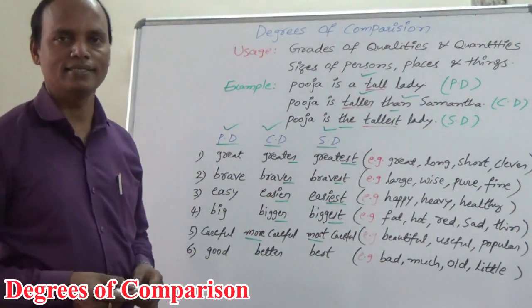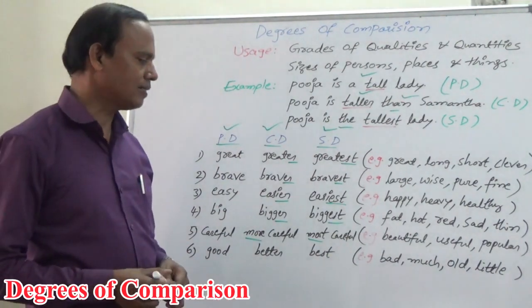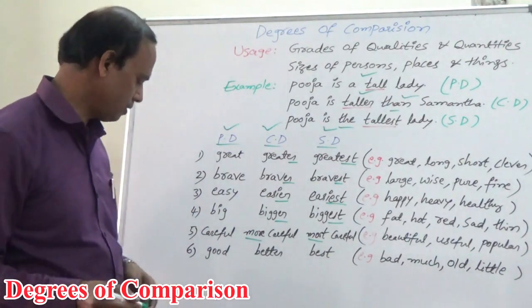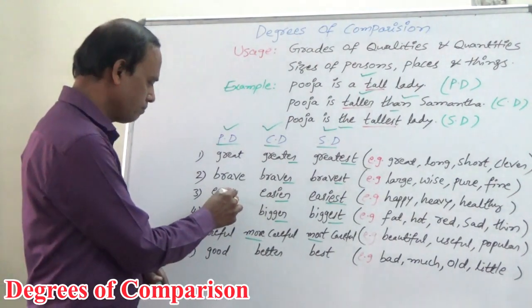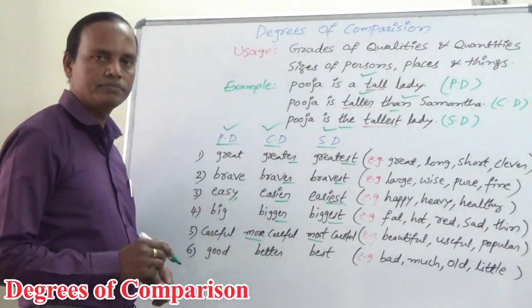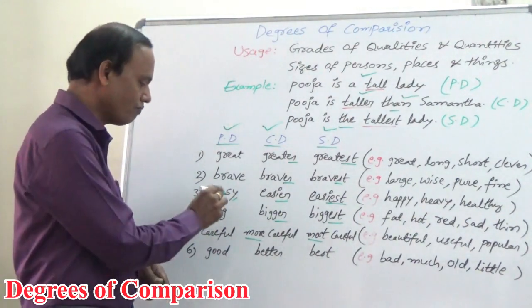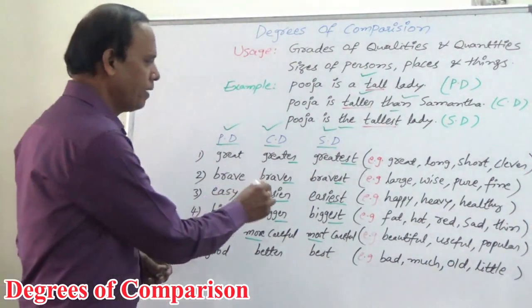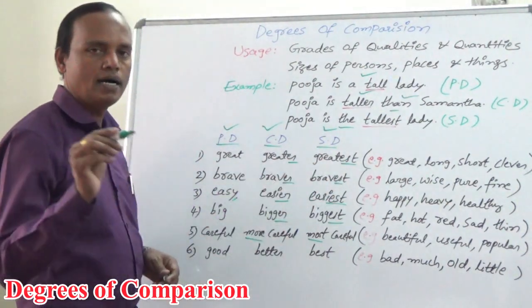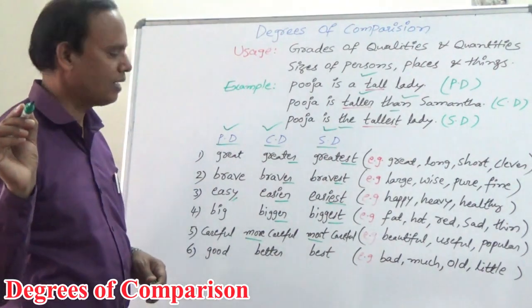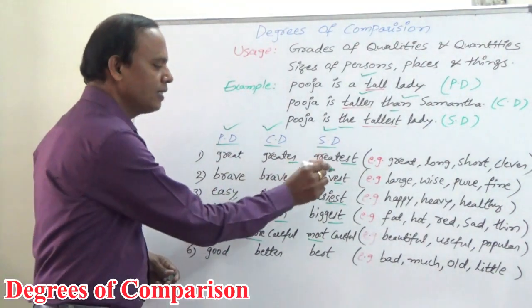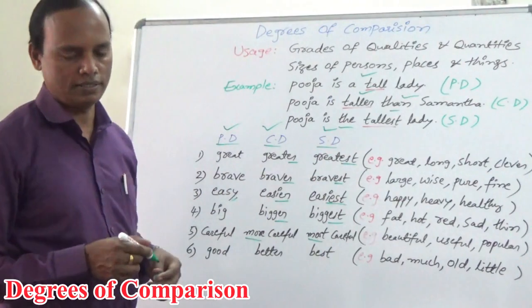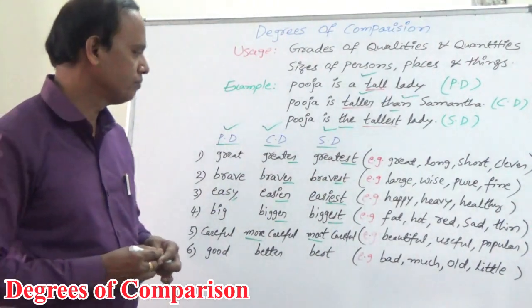Easy, easier, easiest. Whenever we see the letter Y at the end of the positive degree, then in comparative and superlative degree, IE letters are added. Easier, easiest, as follows. Examples.